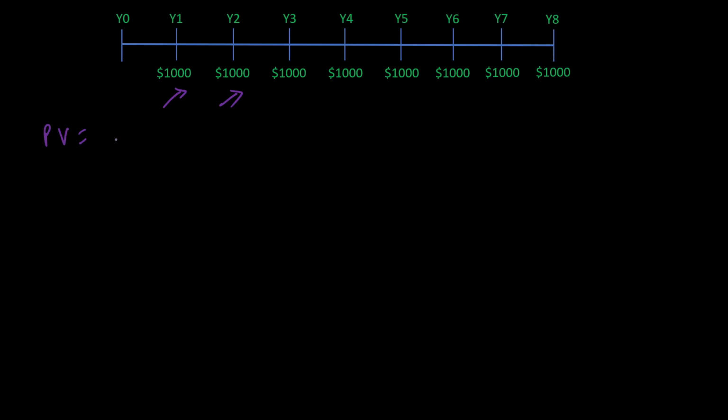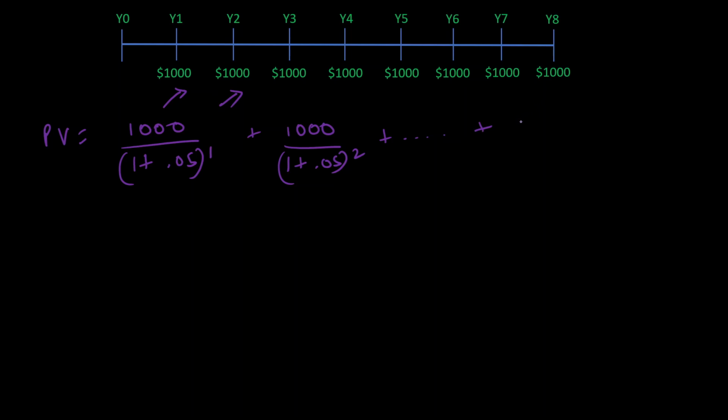So the present value for year 1, we have 1,000 divided by 1 plus the interest rate, which is given to be 5% or 0.05, raised to the power number of periods. And since it's period 1, it's just going to be raised to the power 1. And similarly for year 2, we have 1,000 divided by 1 plus 0.05 raised to the power 2, and this will go on till period or year 8.